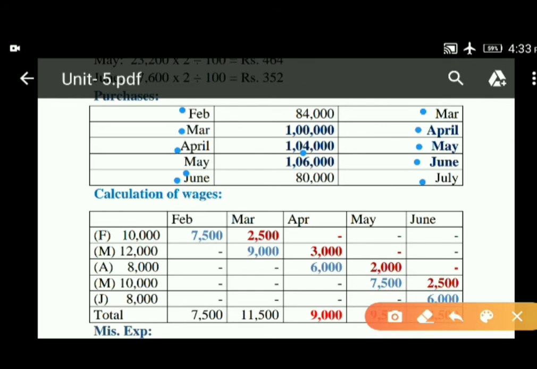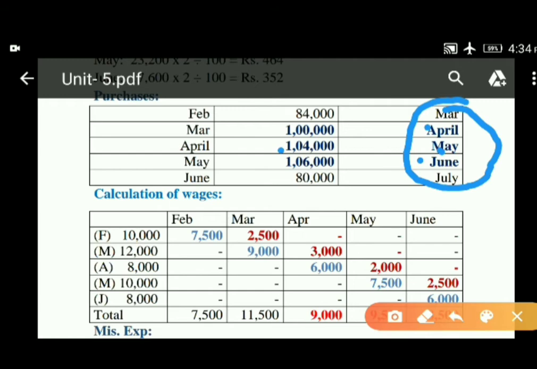According to this information, we are preparing the budget for April, May and June, so we need to take the actual amounts payable monthly. In April we are paying 1 lakh, related to March purchases. In May we are paying 1,04,000, related to April purchases, and in June 1,06,000, related to May purchases.